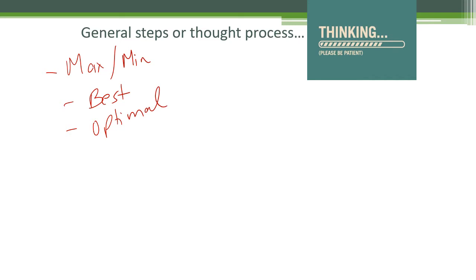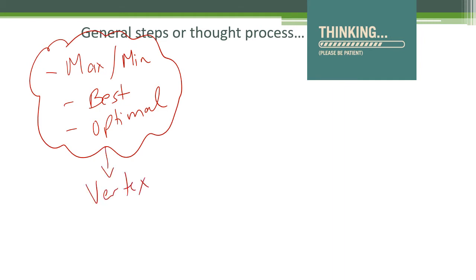If you see the question asking you for a max or a min, or maybe it says best, or maybe it says optimal, your mind should go to the vertex. And once you think vertex, you've got to be thinking vertex form. And how do you get to vertex form? Complete the square.